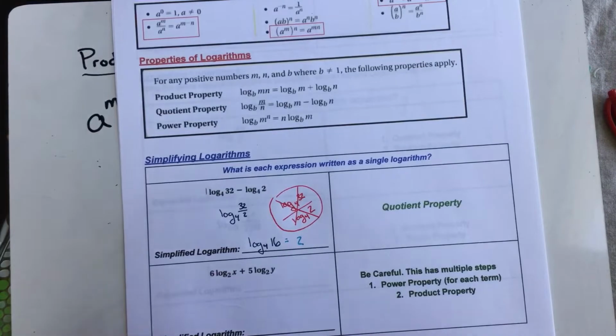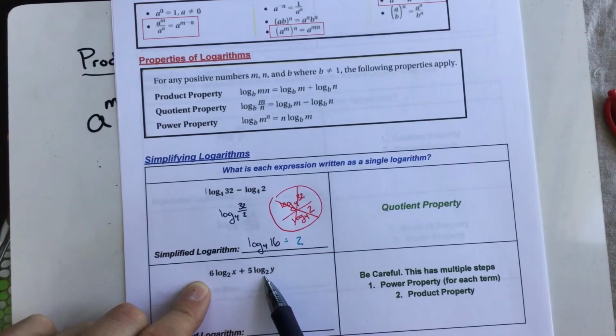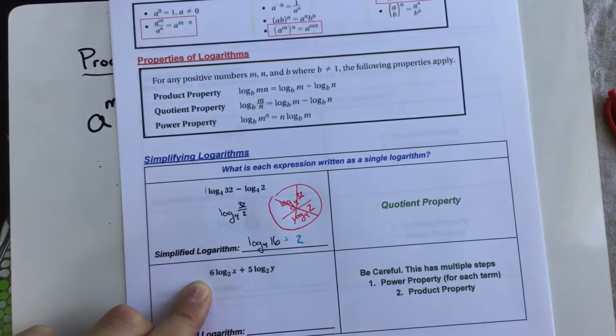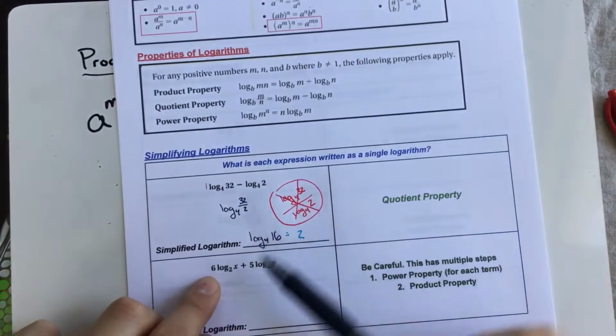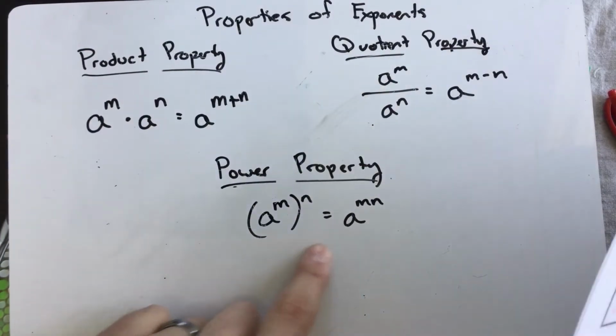Let's look at the second one. I see here that there's a 6 times log base 2 of x and a 5 times log base 2 of y. This is again multiplication, and there's an addition sign in here. So using our properties, I know that if I have something multiplying by the log, it's very similar to our power property.